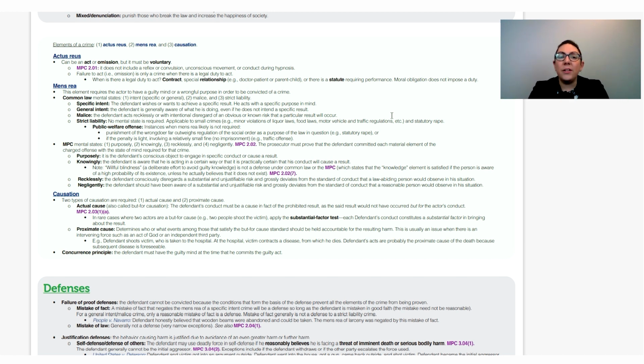Proximate cause looks to see whether the person who acted should have foreseen the resulting harm as a result of the conduct. So as a result of me pushing my friend, should I have been able to foresee that they were going to be hit by an oncoming car?